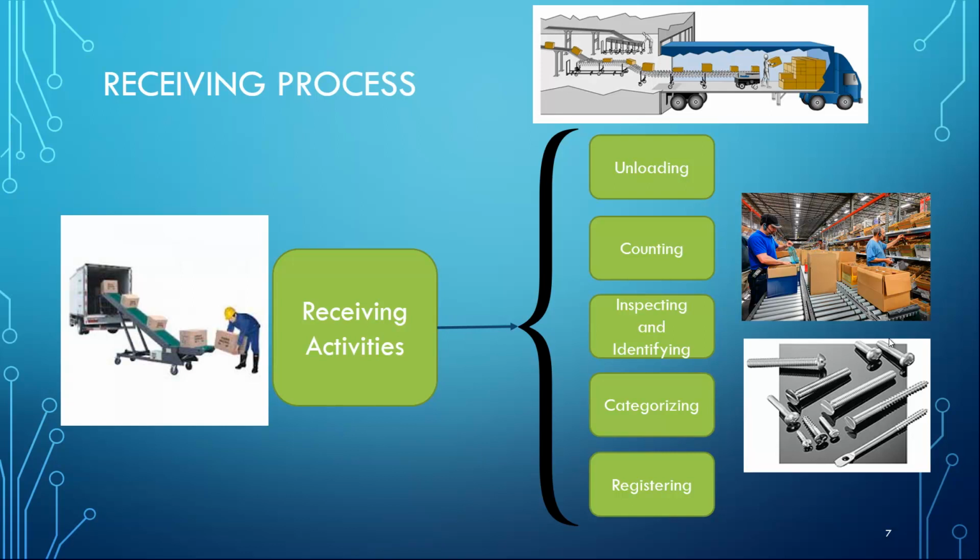The received items will be registered into the warehouse system either manually, which means that a person will be entering the information through a tablet or a machine, or automated through using scanners or RFIDs, and we'll talk about the RFIDs later on.